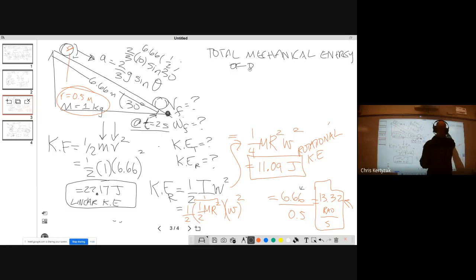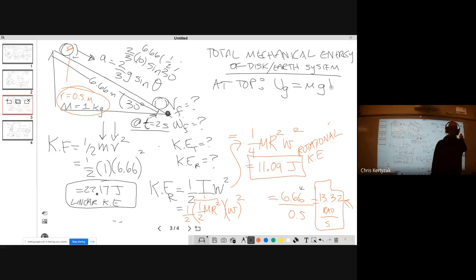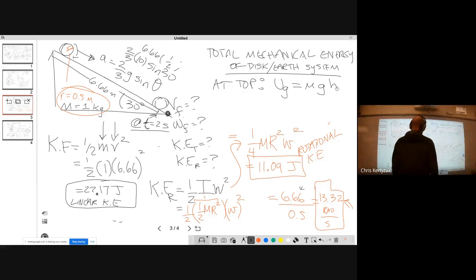We're going to play along. At the top of the ramp, it would be potential energy, right? mgh. I'll just model it first, and then we'll check out some numbers to see if it all checks out.